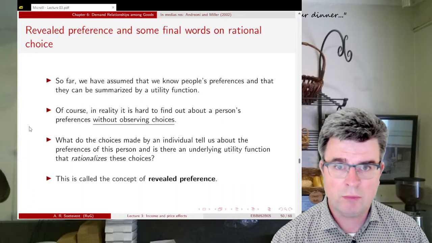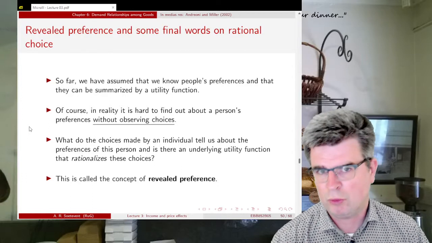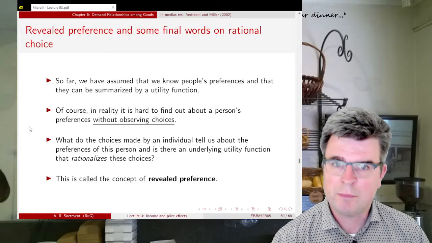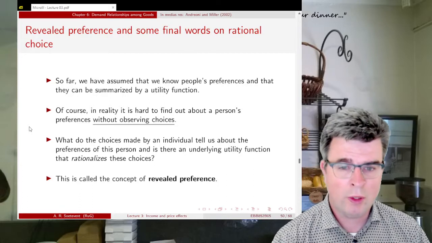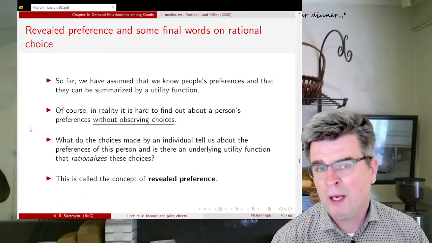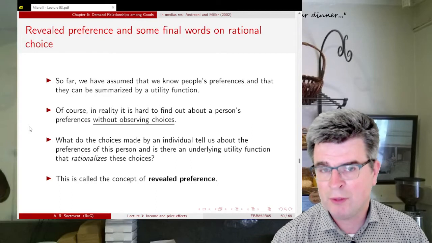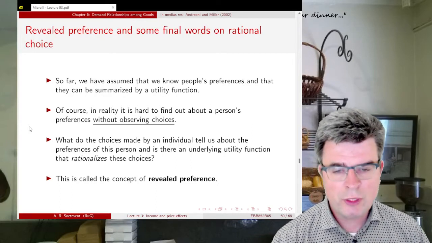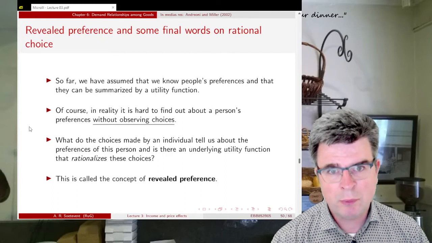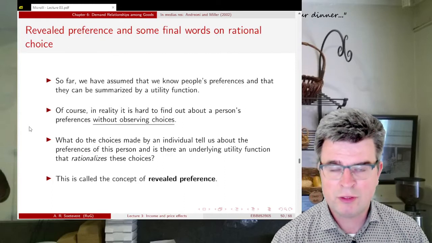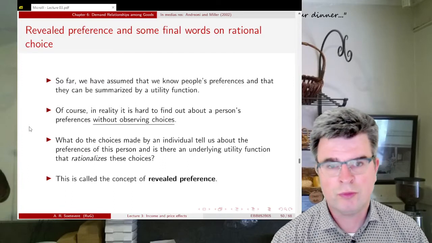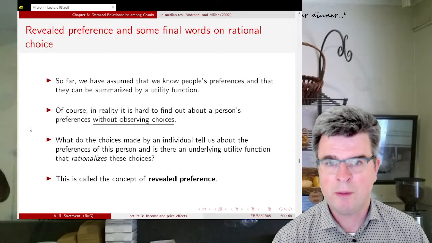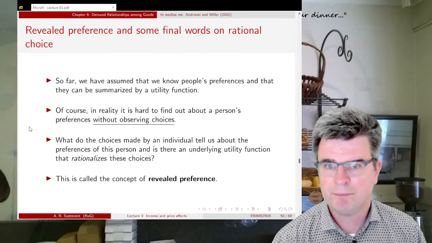People may make consistent choices, and consistent choices are choices that we can represent by means of a utility function, or they can be irrational, and that is when they make choices that we cannot reconcile with a utility function. So what do the choices that people make tell us about their underlying preferences? That is the topic of revealed preference. So people reveal their preferences by the choices that they make.